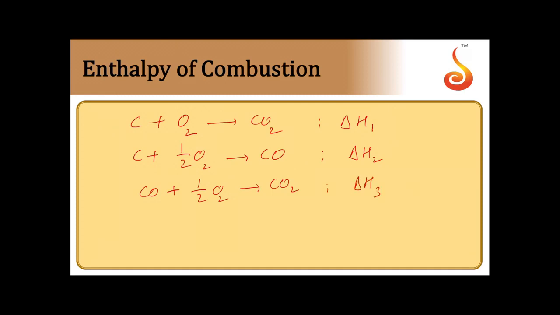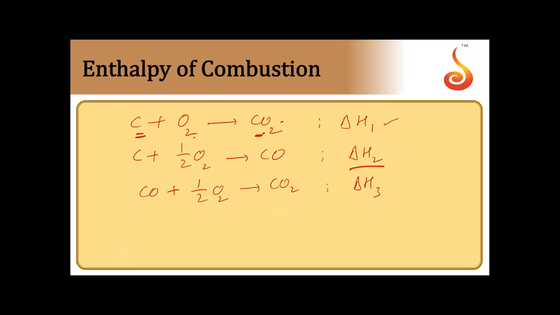Now delta H1 is called the heat of formation of carbon dioxide because 1 mole of CO2 is formed from the constituent elements, and also the heat of combustion of carbon because carbon is burned completely in excess of oxygen. So delta H1 is the heat of formation of CO2 as well as the heat of combustion of carbon.